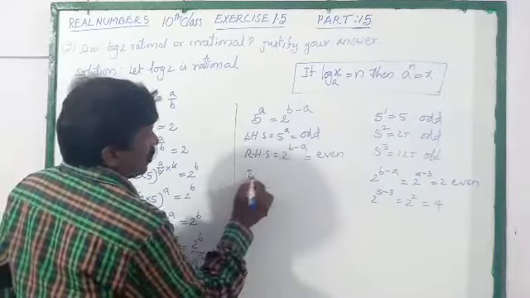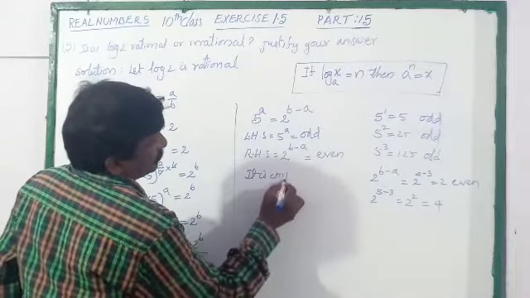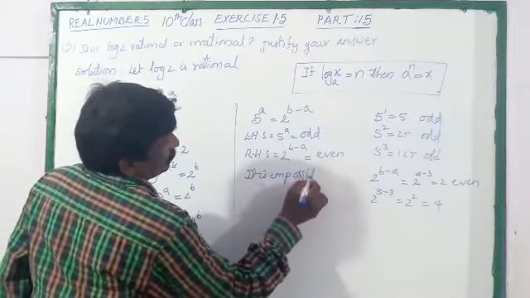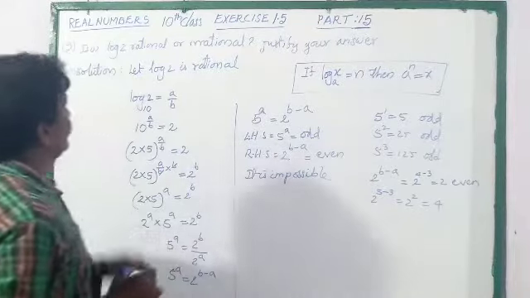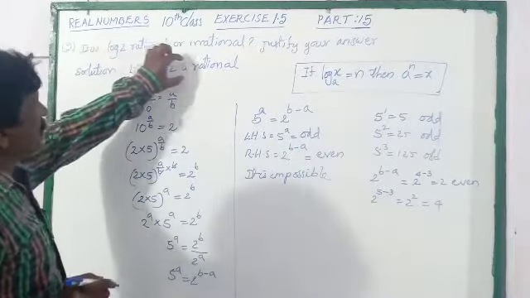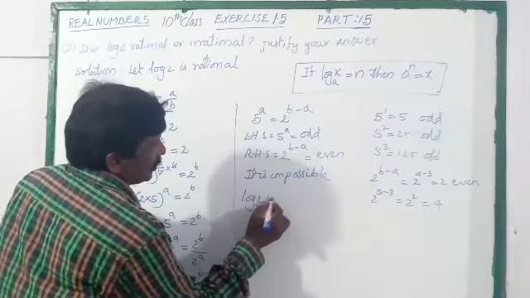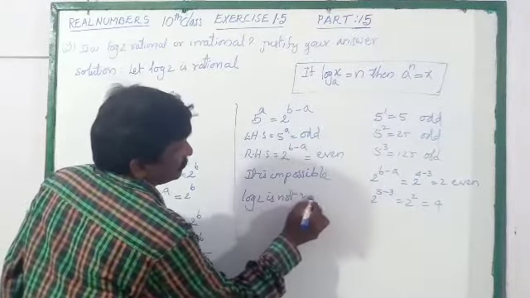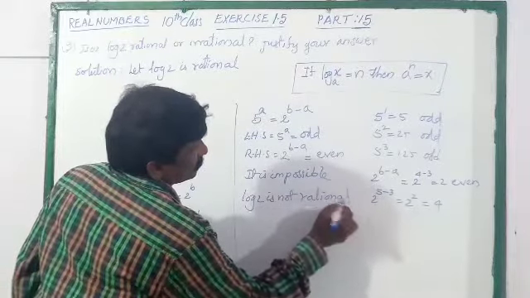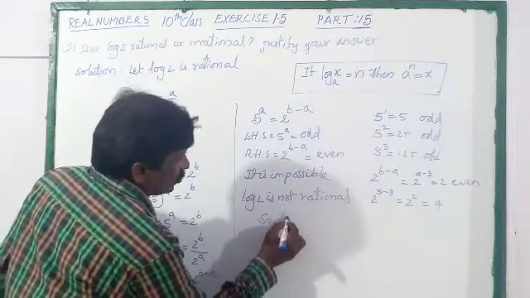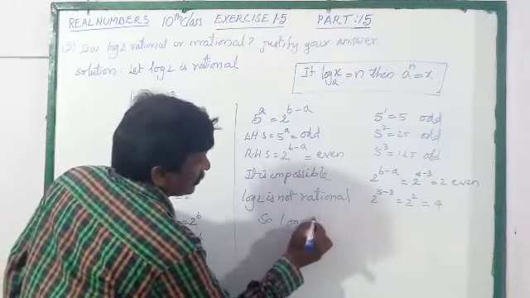So it is impossible. It became impossible because assuming log 2 is rational was wrong. So log 2 is not rational. So log 2 is irrational.